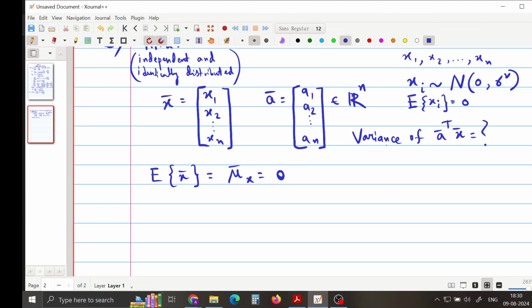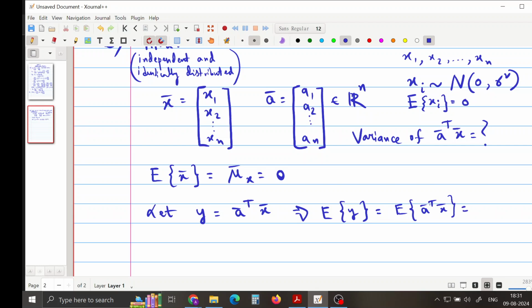Now we are asked to find the variance of A transpose X. Let me use another variable: let y equal A transpose X. It's simply a scalar, as I said, so it should not be y bar. So what is the expectation of y? It's the expectation of a bar transpose x bar.